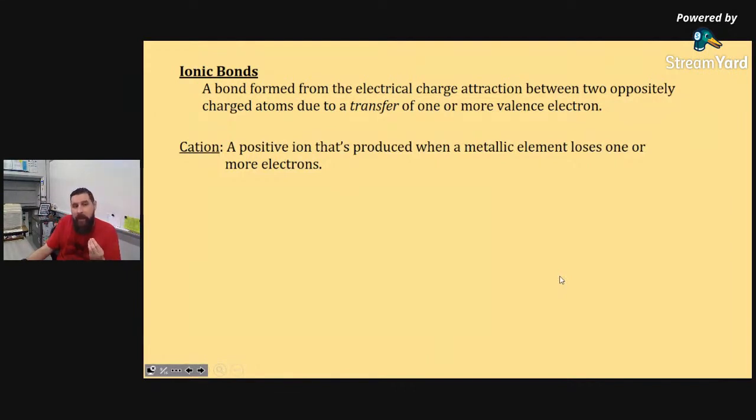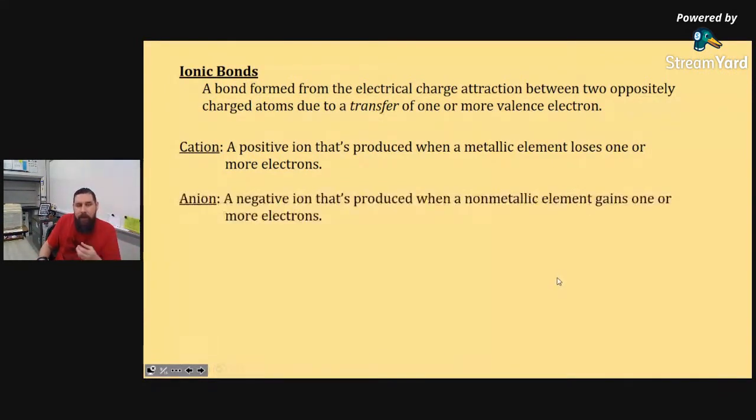So if I'm looking back at that example of sodium, that being a metallic element, it wants to lose that electron. So when it loses that electron, I end up with more protons in the nucleus than I have electrons surrounding that nucleus. So I end up with a positive charge, and we refer to that as a cation.